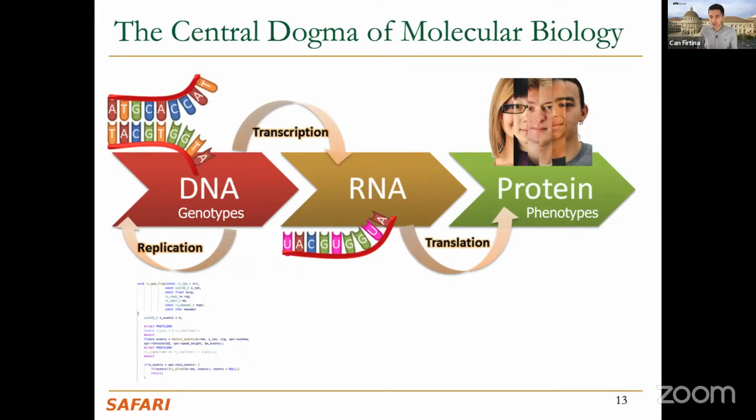And then there are multiple steps where you start from DNA, and then you have a middle step, and then you go up to the generation of proteins, which mainly are the functional part of the living cells of the organism.